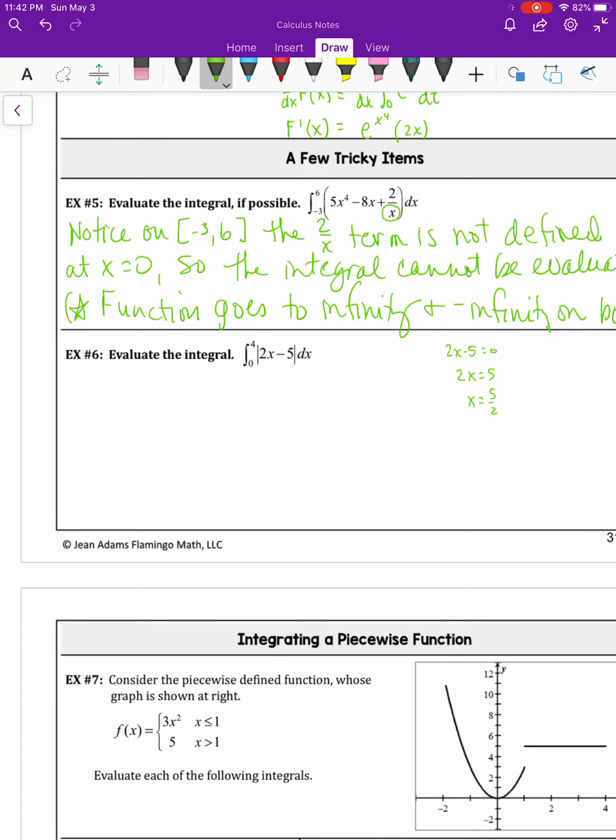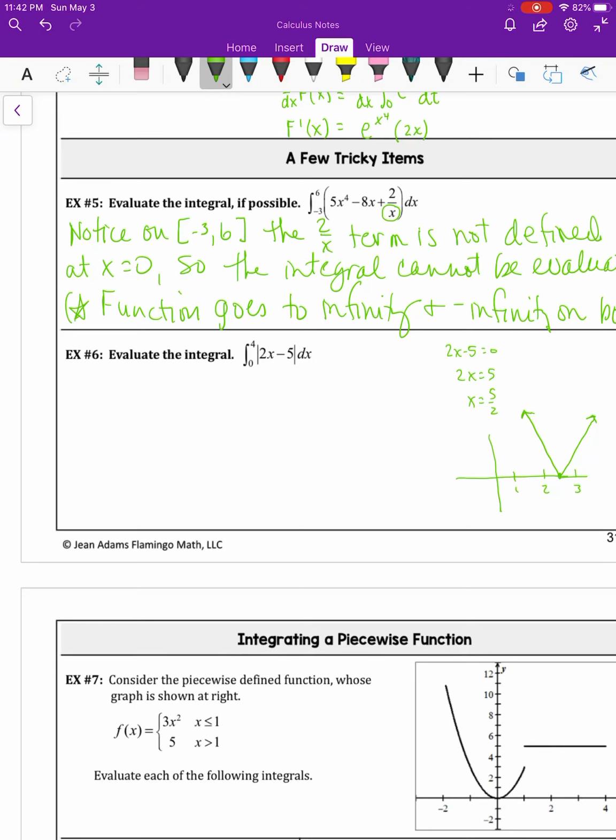So if I was trying to figure this one out, I would say, okay, well, 2x minus 5 equals 0, 2x equals 5, x equals 5 halves. And so this function, if I put a 5 halves in, I'd get 0.